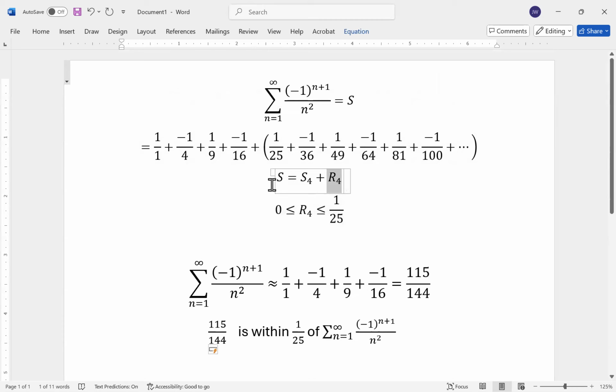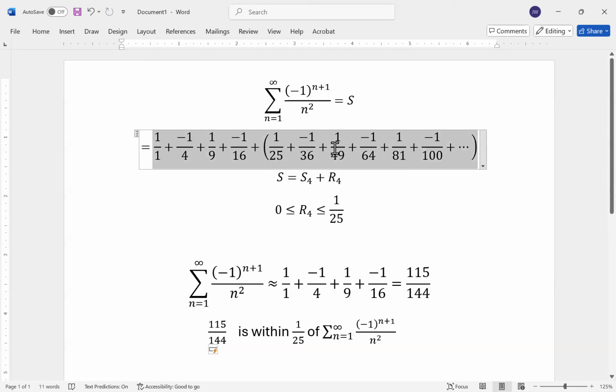Now, in general, that's what we're going to do. In general, we say, let's write out the terms. And if I want to approximate within 1/25th, I just wait till this lead term on my remainder is 1 over 25.